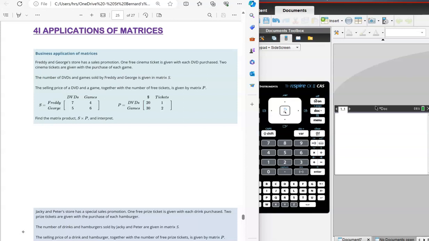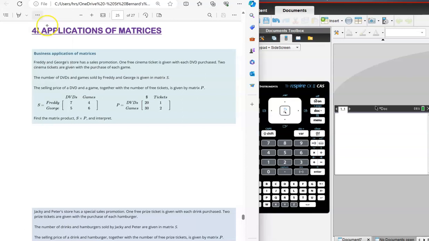Freddie and George's store has a sales promotion. 1 free cinema ticket is given to each DVD purchased, and 2 cinema tickets are given with the purchase of each game. The number of DVDs and games sold by Freddie and George are given in matrix S. You can see they've indicated matrix S down here.